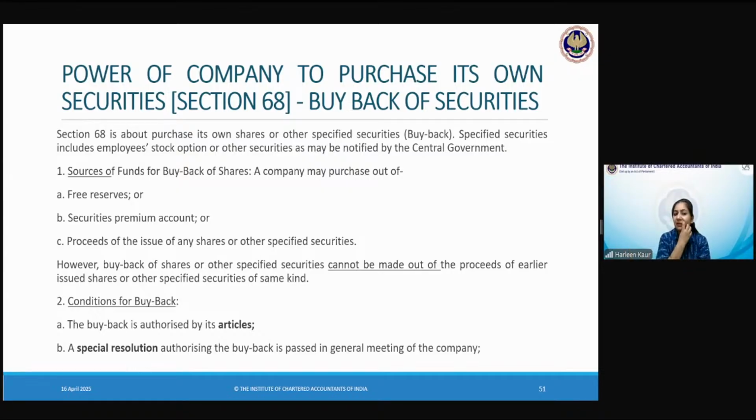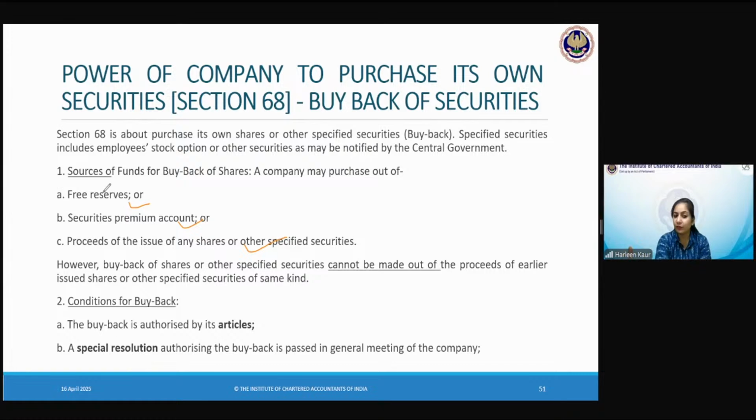How can this buyback be done? Specified securities include ESOPs also or any of the securities notified by the Central Government. So from what sources can the buyback be done? Out of free reserves, SPA and proceeds of any other shares or other specified security.